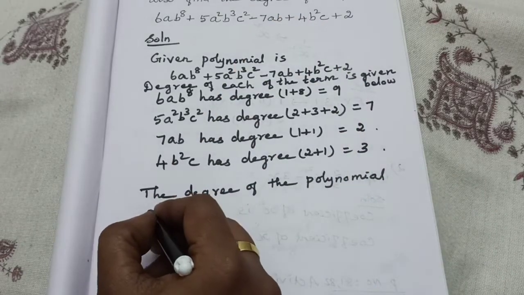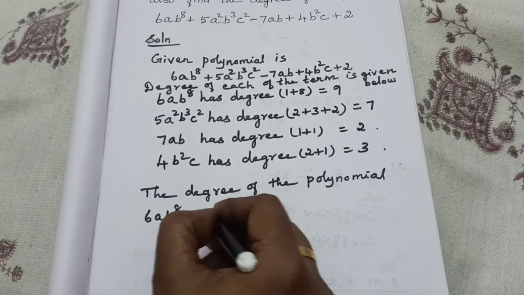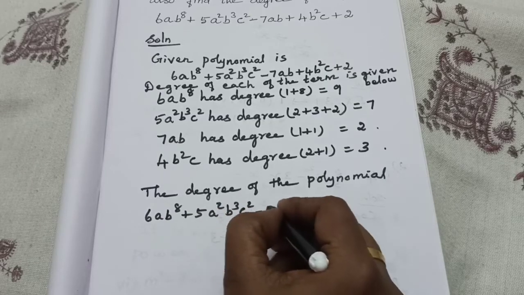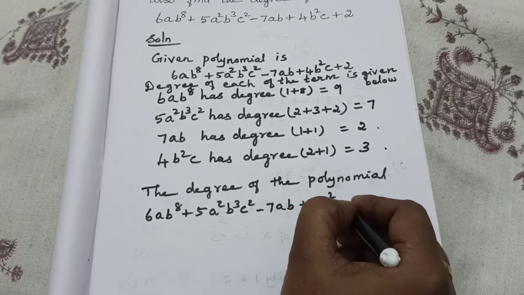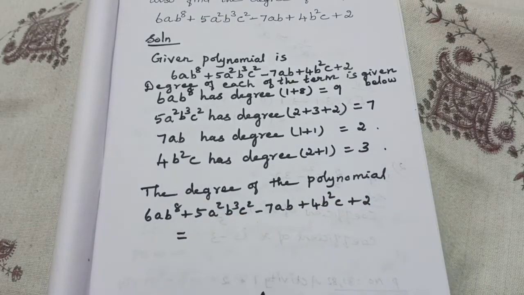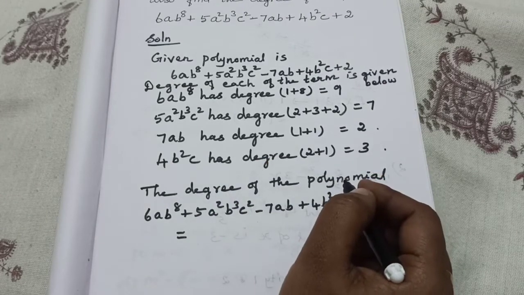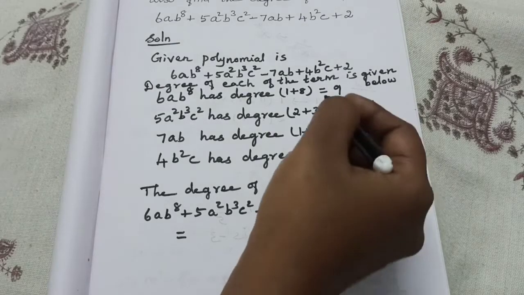What's the question here? 6ab power 8 plus 5a square b cube c square minus 7ab plus 4b square c plus 2 is equal to. What's the degree of this polynomial? The highest power in the polynomial is the degree.